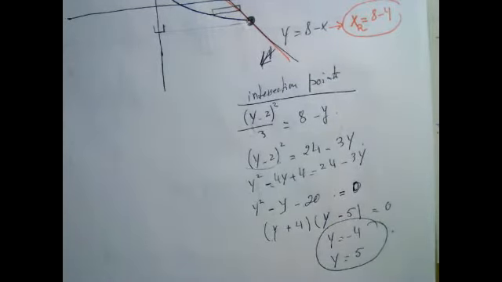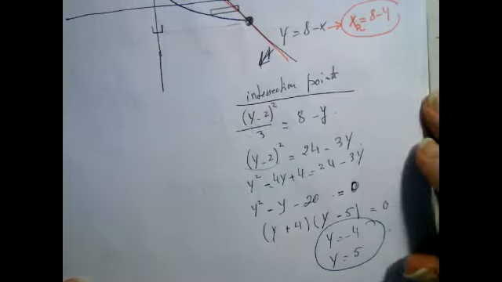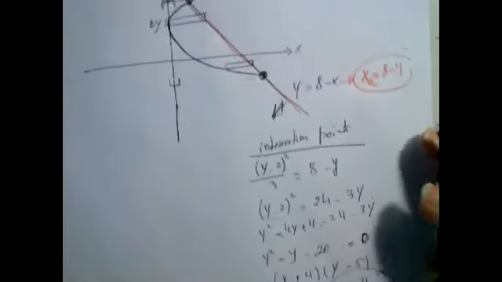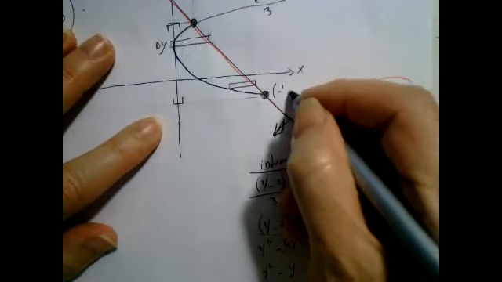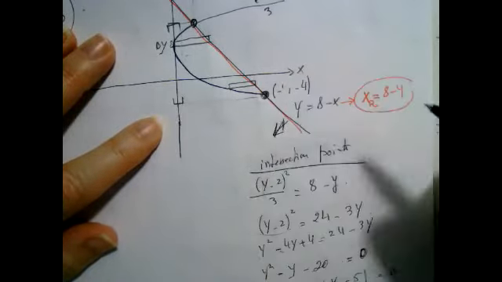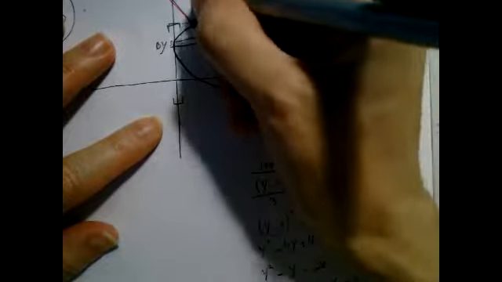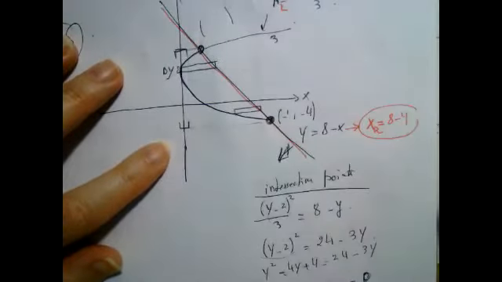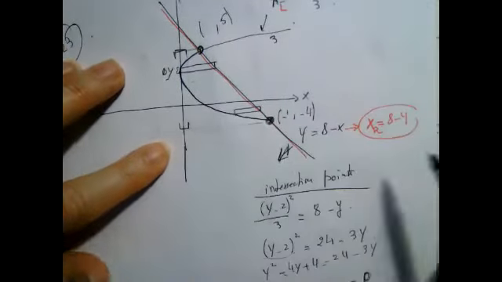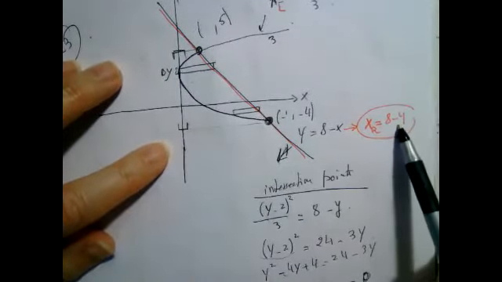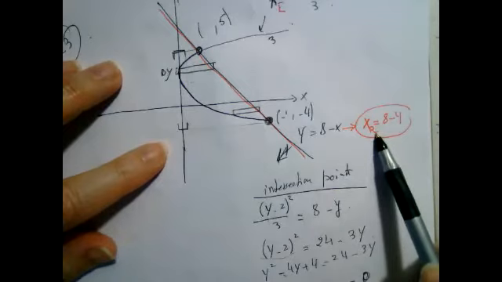Now I go back and check. Am I really doing this correctly? So minus 4 and 5 mean that this point here should be, sorry, remember minus 4 is the y component, and this point here should be 5, the y component. Now I plug the y into the x, and that should give the same x value.